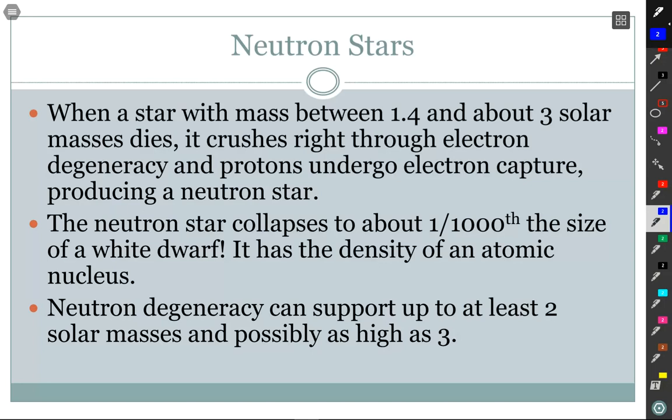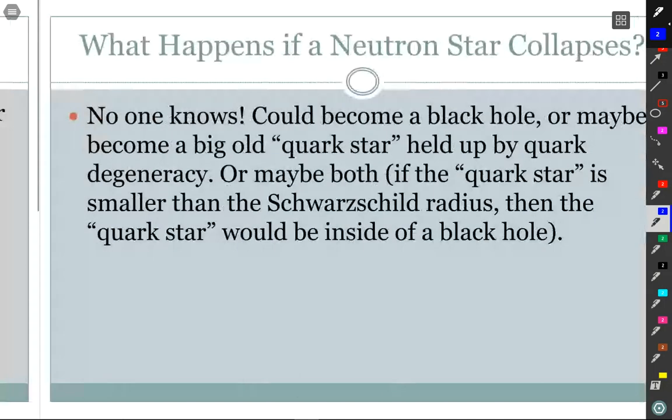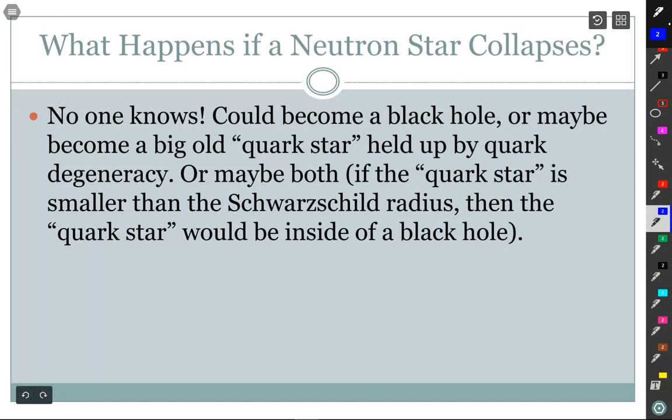What's inside a black hole? Your conjecture is as good as anyone else's. I mean, they know a little more than you probably, but nobody really knows. So I have a couple ideas here. One idea is a quark star. That is, maybe the neutrons are going to break down into the quarks, because the neutrons are up, down, down, right? 1 up quark, 2 down quarks. Maybe we're going to have something that is a quark star where it's quark degeneracy that holds it up.